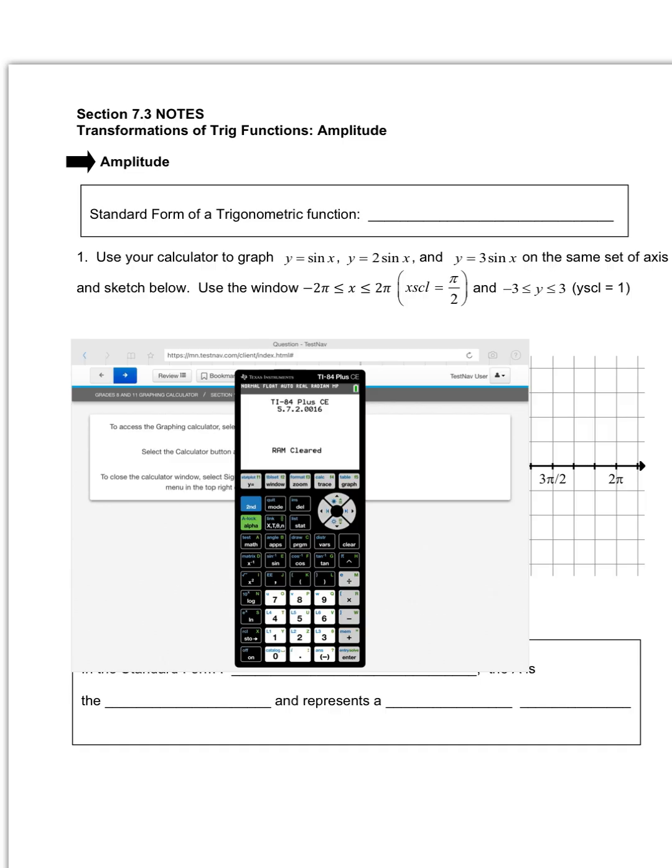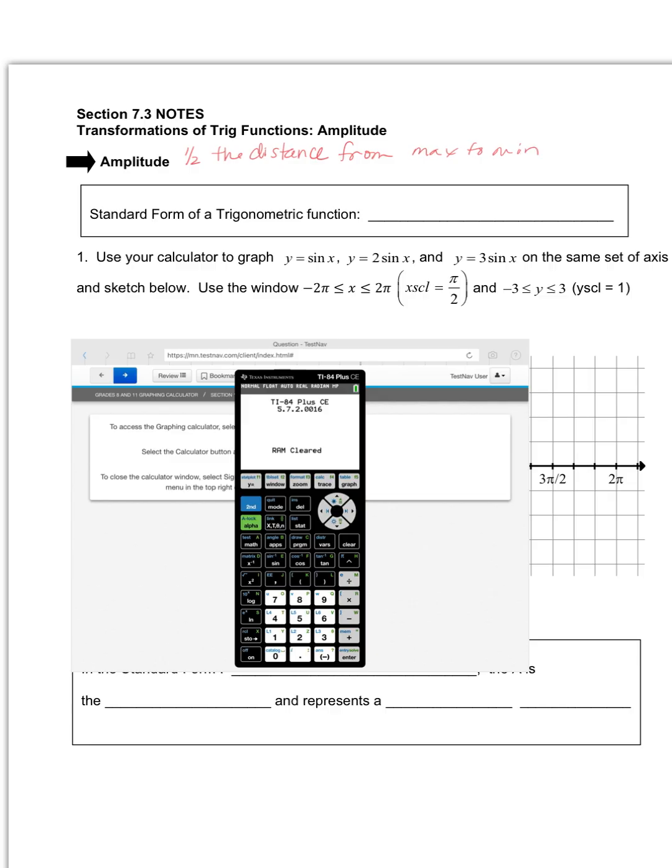So the first thing is a little bit of definition of it. The amplitude is half the distance from max to min.